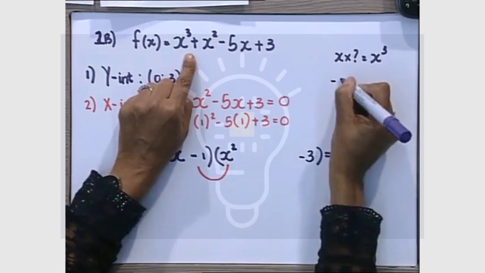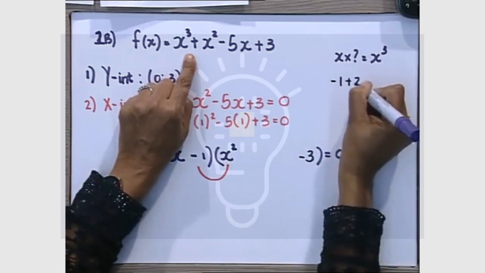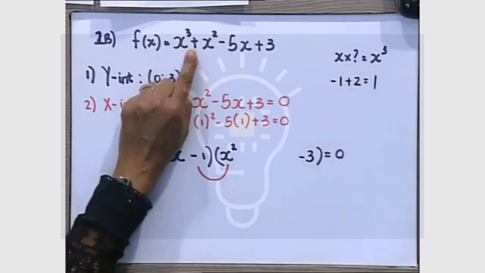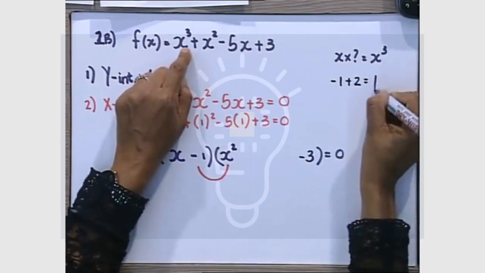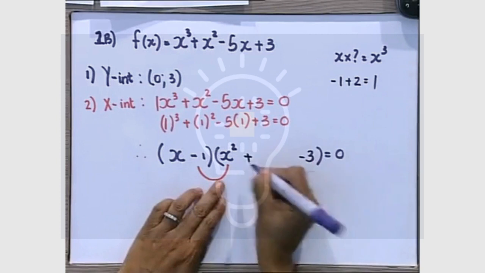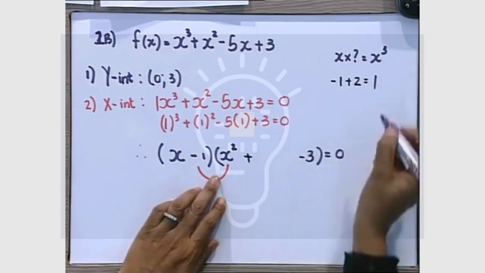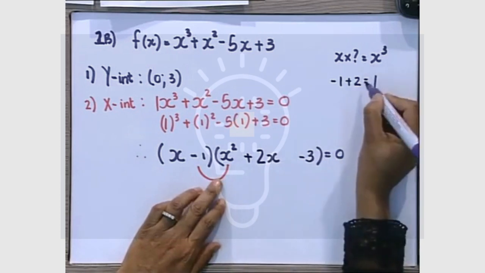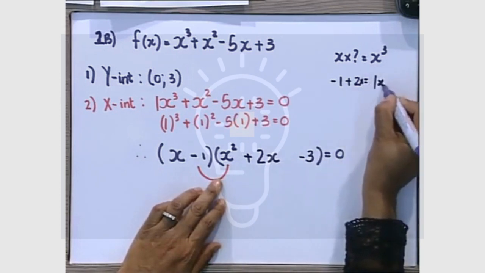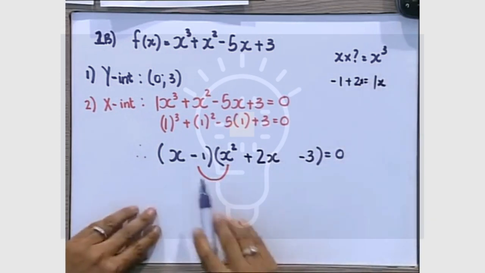Remember, negative 1 plus 2 gives you 1, and that is what you want there. So that gives me plus 2x. Negative 1x plus 2x is going to give you 1x. Are you happy, everyone? So there is your factor.